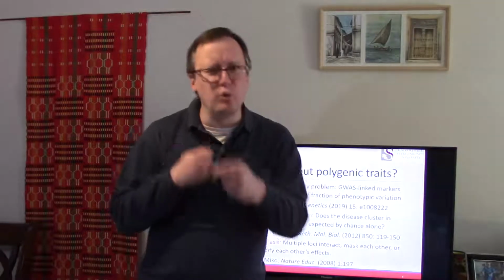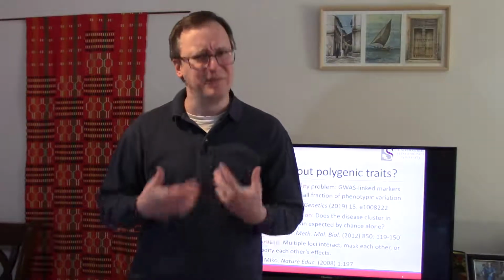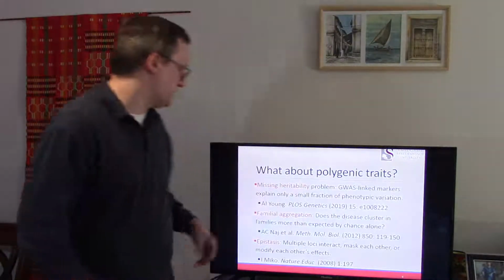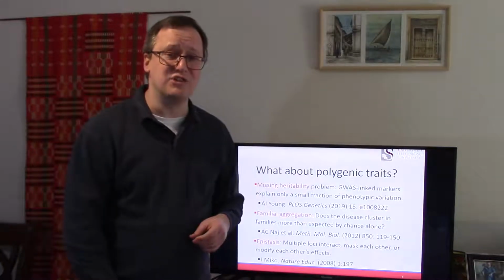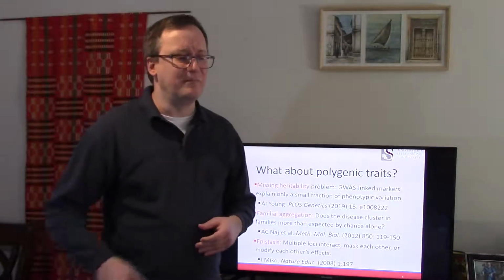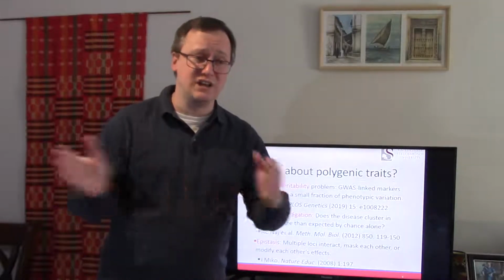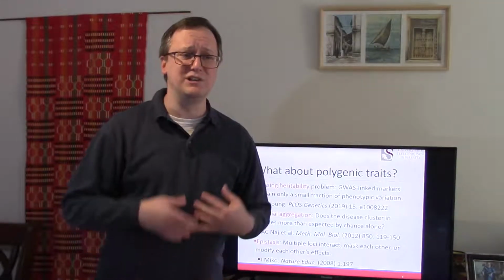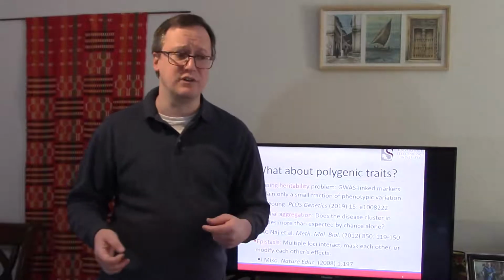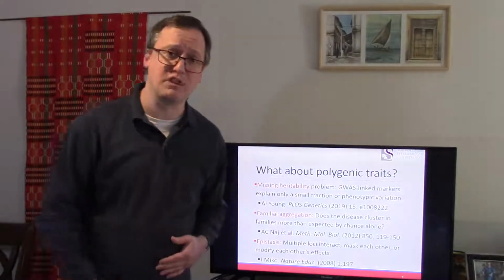Trying to figure out which part of that inherited DNA is associated with disease can be very, very difficult. So familial aggregation means that even though we may have lots of cases, because they're distributed narrowly in a few families, we lose resolution in our ability to pin down a particular bit of DNA associated with it.